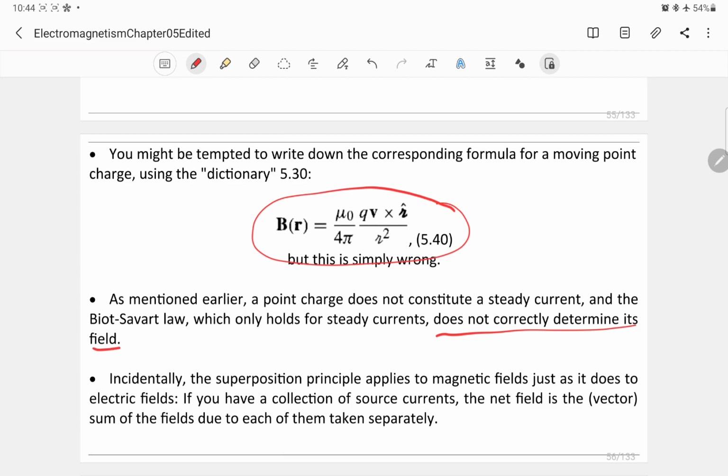So you need to have a steady current. You have to have continuous charges that are moving before you can produce a magnetic field, not a single moving charge. You have a continuous charge distribution that's moving. So you have to take note of that. This is not correct.